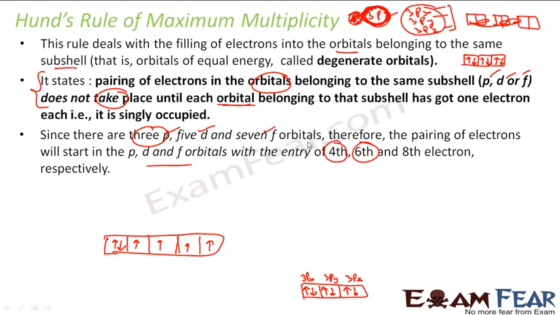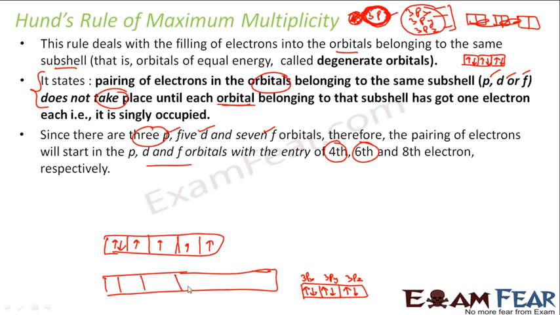Similarly for the f subshell, we have 7 orbitals, 1, 2, 3, 4, 5, 6, 7. The first electron will come like this, the second in the second orbital, third in the third orbital, then fourth, fifth, sixth, seventh. Only from the 8th electron will the pairing start for f orbitals.